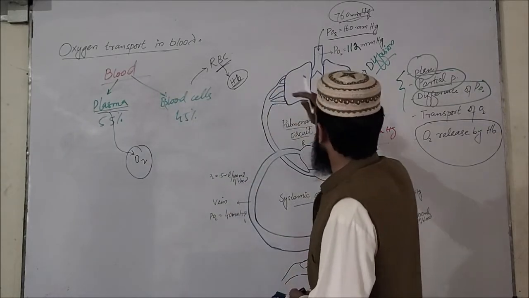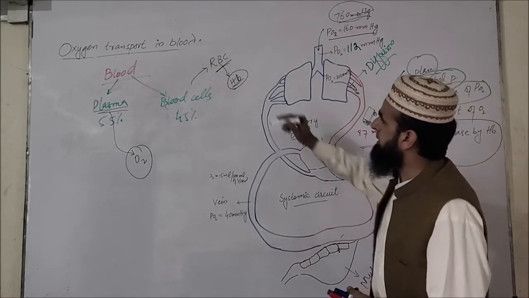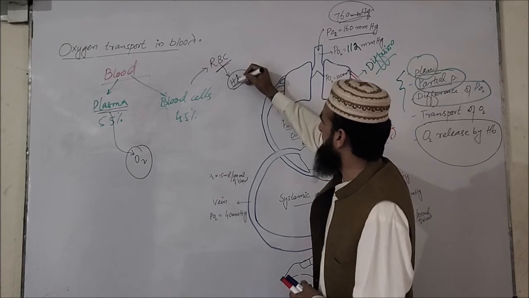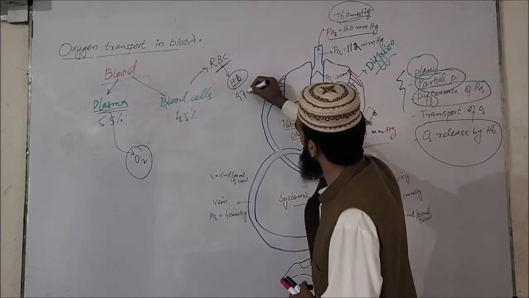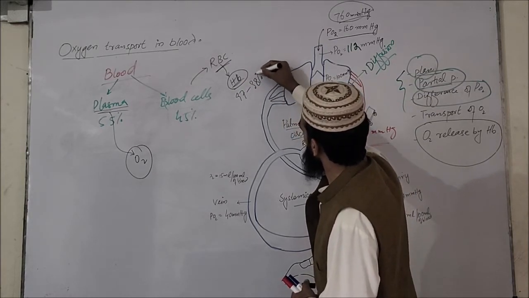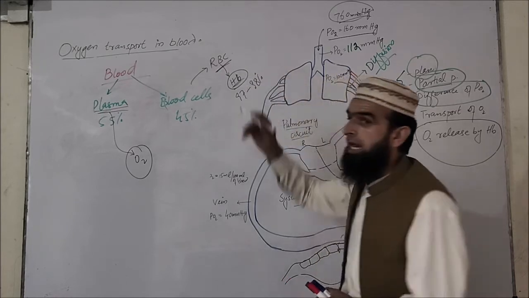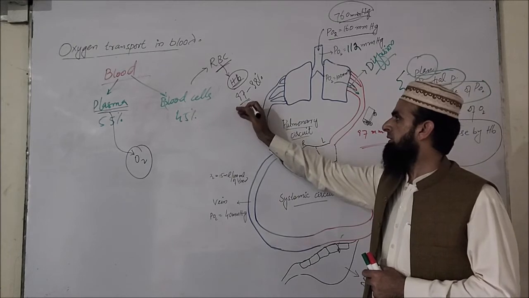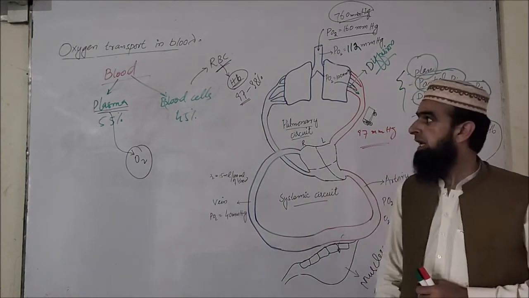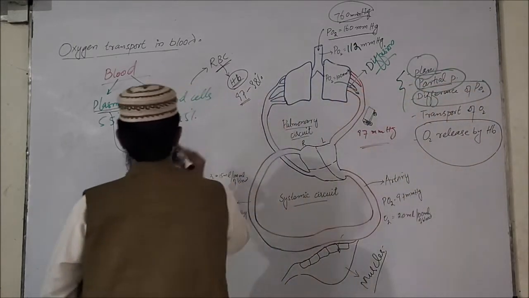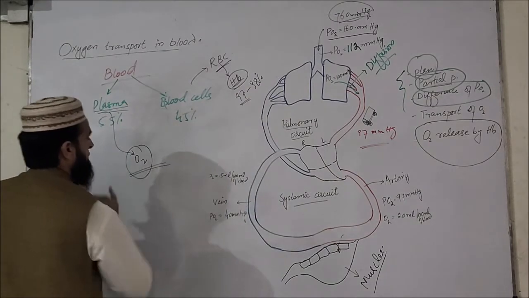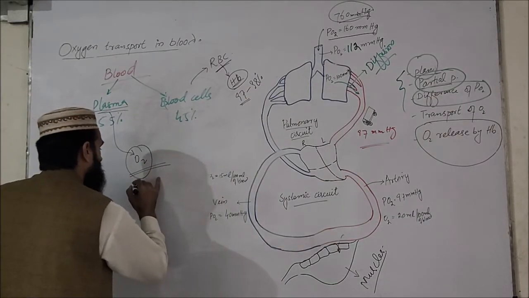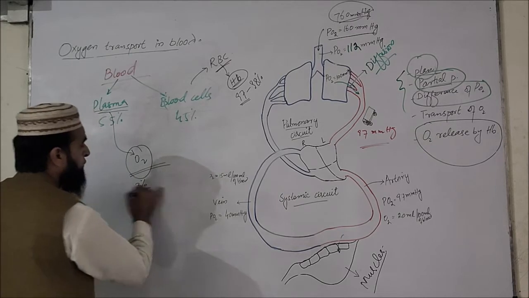Keep it in mind that the transport of oxygen takes place through hemoglobin about 97 to 98%. Some say 98.5%. Okay, but your book says that it is 97%. And the transport of oxygen through plasma is 3% according to your text.